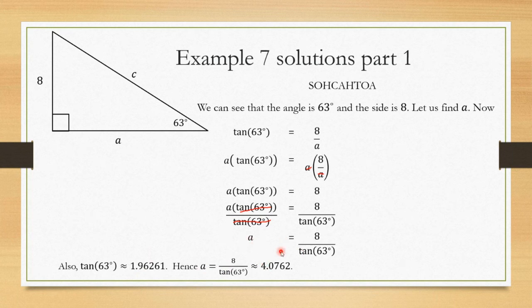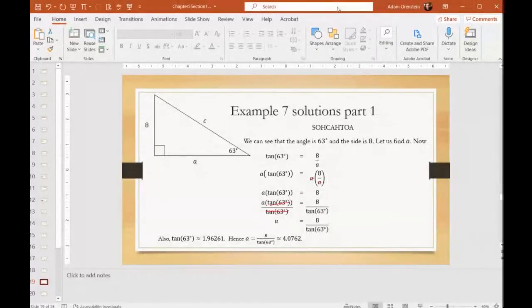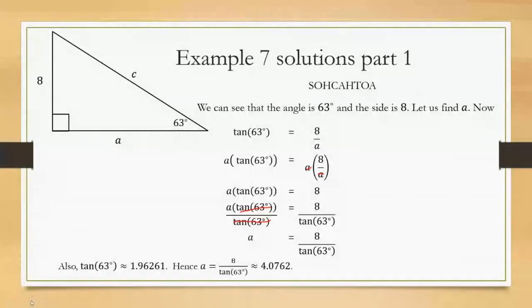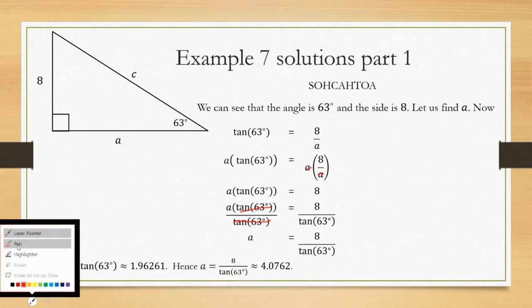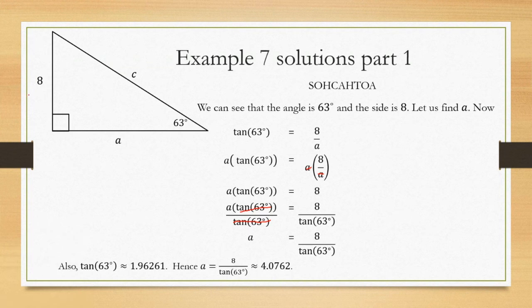Okay, let me just check something quickly. For the last one, to get C, what trig function do we use? Really, that's the hard part, figuring out which trig function to use. Notice that 8 is the opposite side of 63 degrees, and C is the hypotenuse, so we have opposite and hypotenuse.